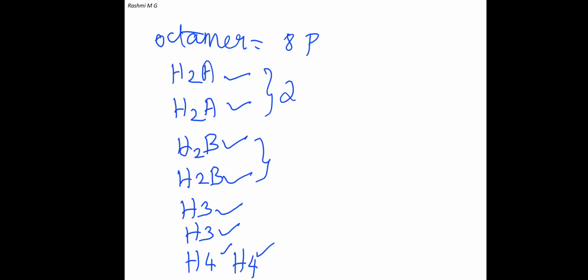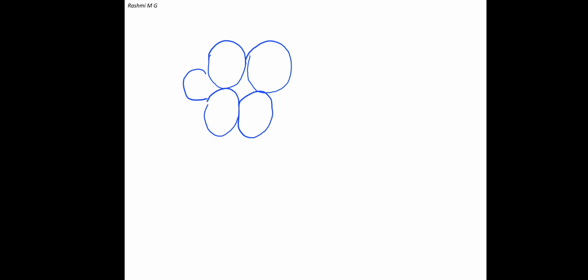There are 2 H2A, 2 H2B, 2 H3 and 2 H4, and all these form an octamer. How do they arrange? This is a schematic representation: H2A, H2A, H2B, H2B, H3, H3, H4 and H4.